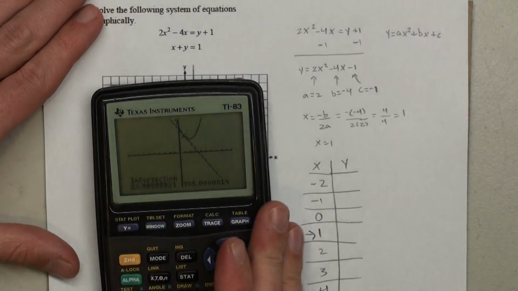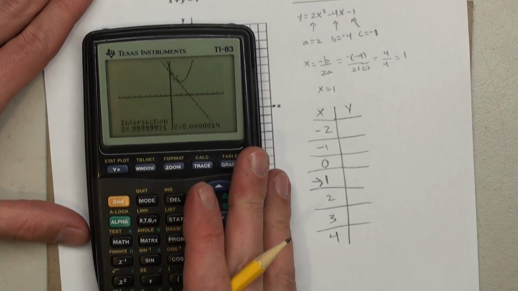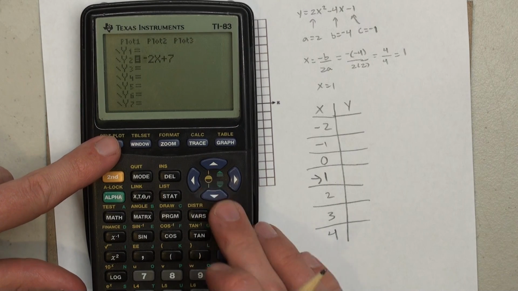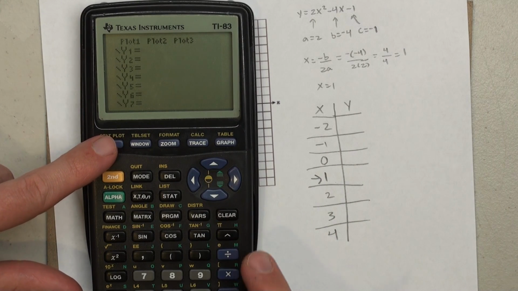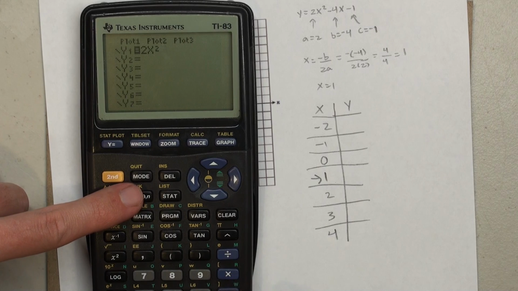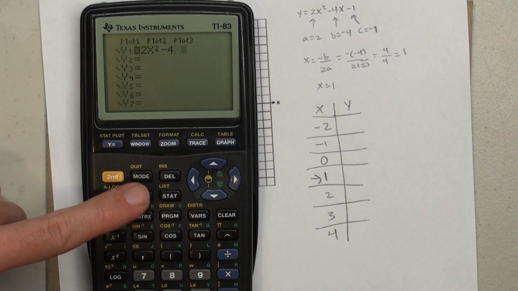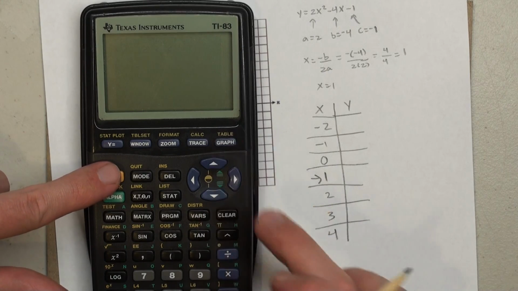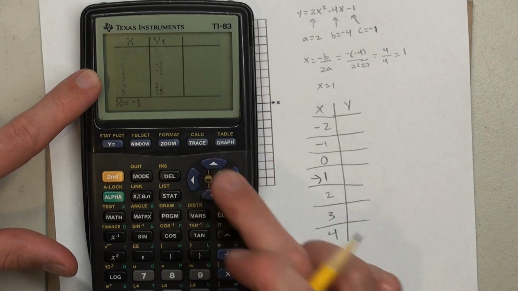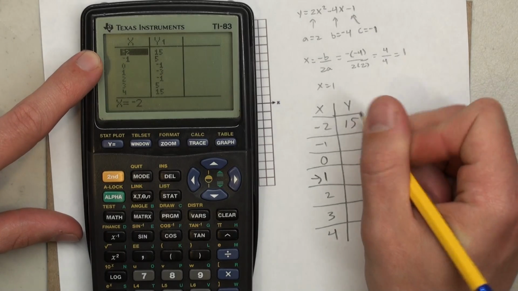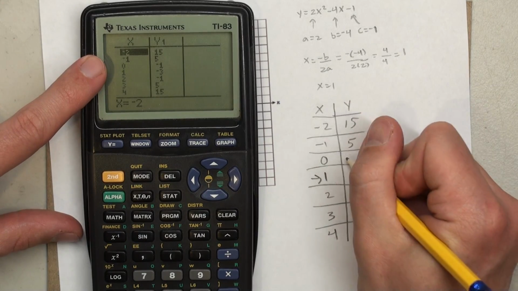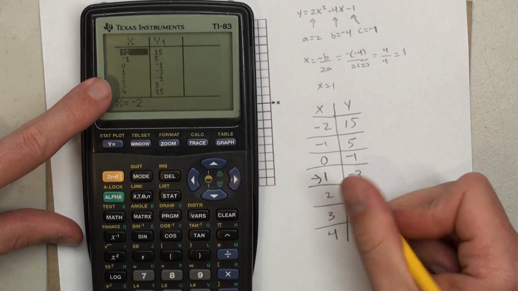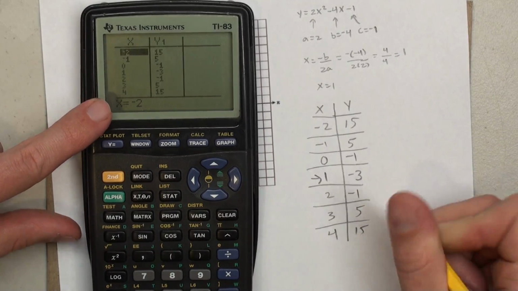And we just use the calculator to make it easy. 2x squared minus 4x minus 1. So we want to see the table. Negative 2, 15. Negative 1, 5. 0, negative 1. 1, negative 3. 2, negative 1. 3, 5. 4, 15.